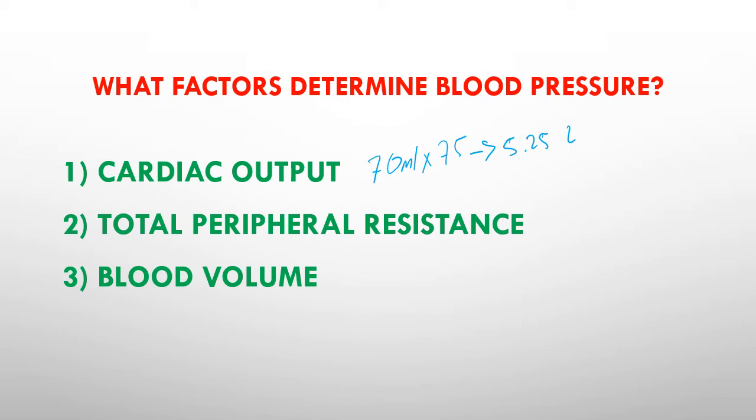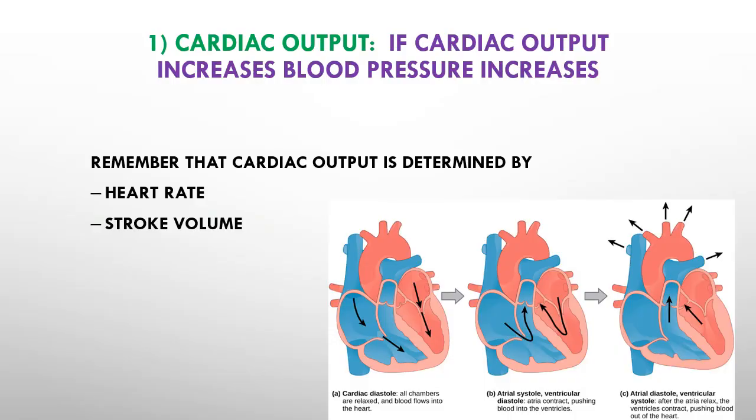Then our peripheral resistance, the amount of resistance inside those vessels, not something that we can easily calculate. And then the volume of the blood itself. Do we have 5 liters of blood, or do we have an increase or a decrease in that volume? Are we overhydrated? Do we have retention of water, things like that? Or have we lost volume? Is our blood volume decreasing because we've lost some blood somewhere?